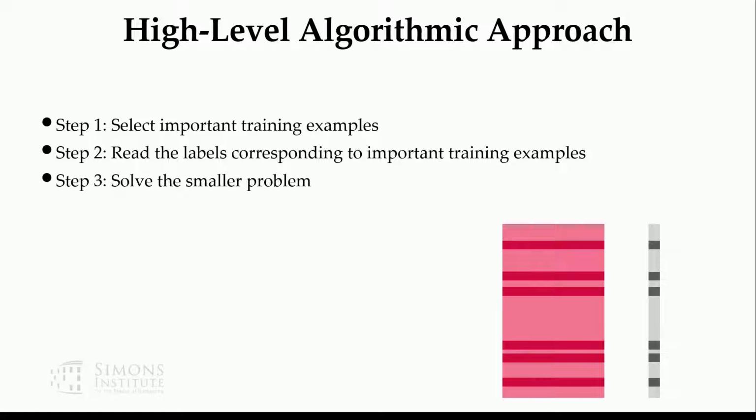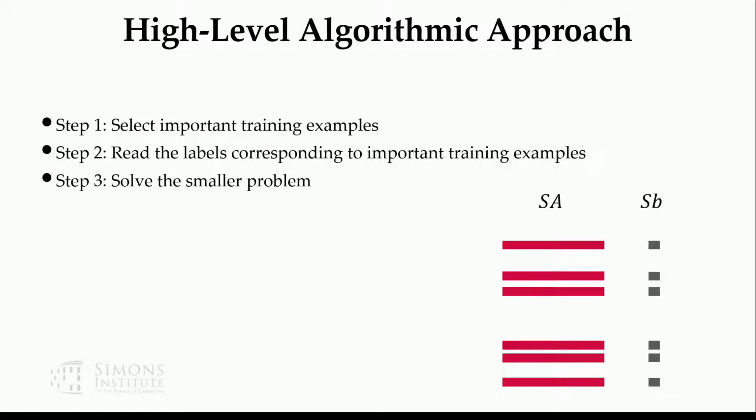Okay, this is the algorithm that we would like to work. So we'd like to design some distribution to choose important examples. What does important mean here? Okay, so that's sort of a sample and solve approach. And so let SA be the sampled and reweighted matrix, and SB the same for the label vector.